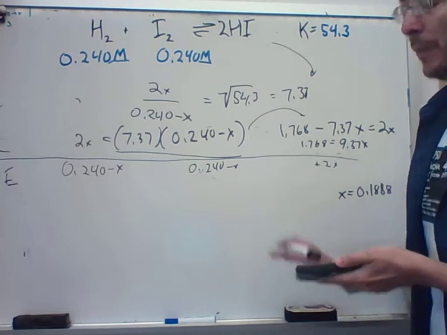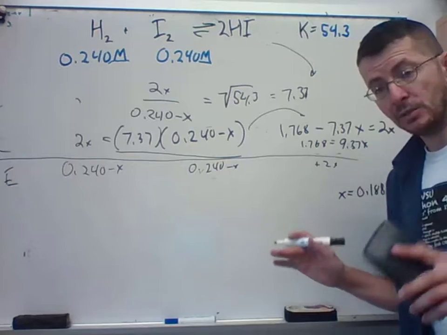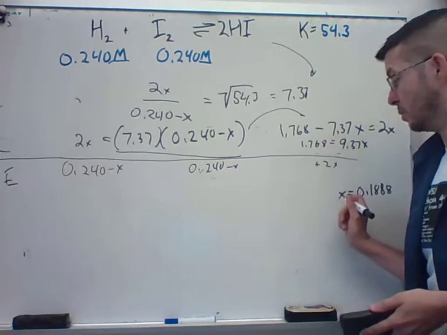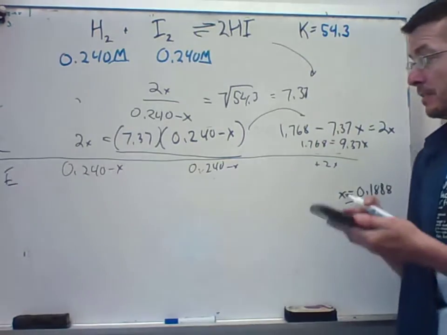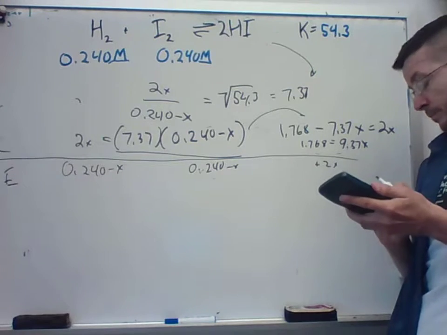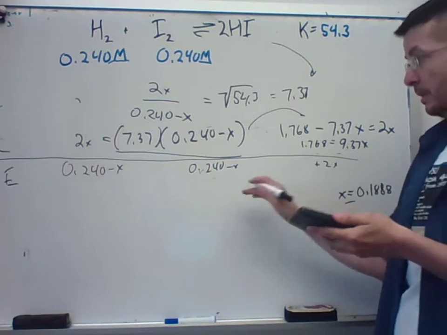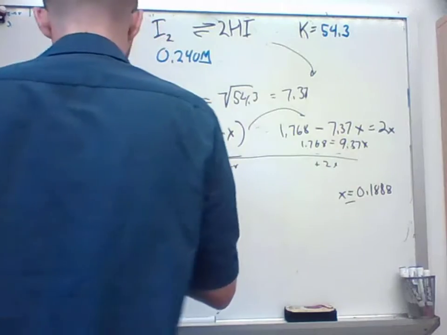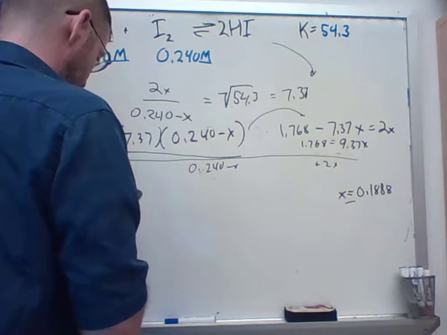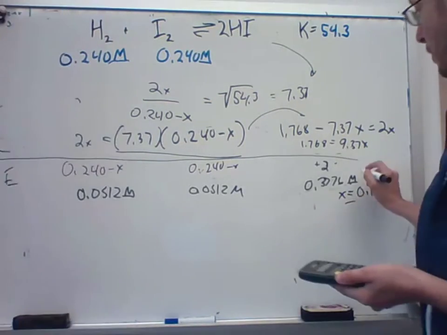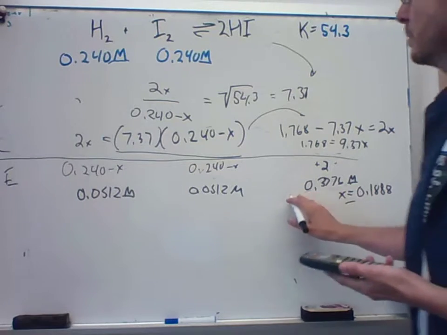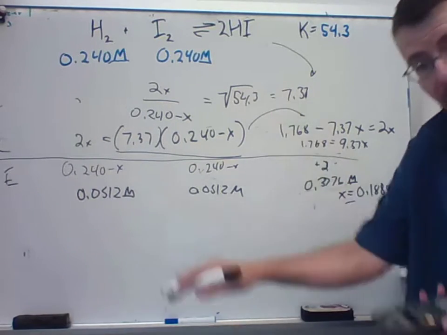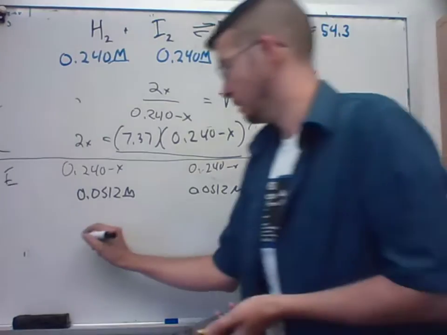Now, that's not the answer, that's the step to the answer, and so we use that to plug in the rest of these values. So we now have our target values, and remember, to check them, we plug them back into our equilibrium constant.